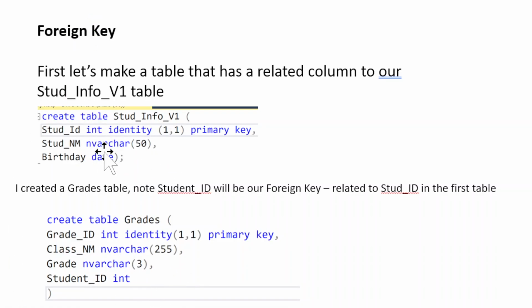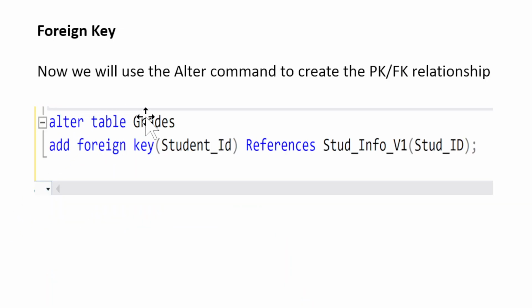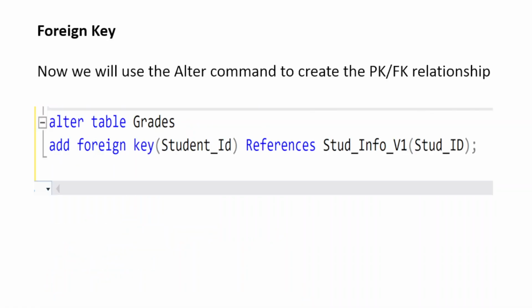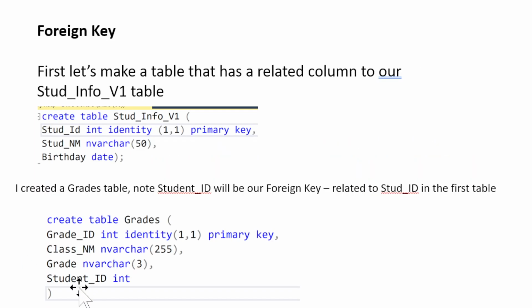Okay, so build the tables, and then we come back here and we say alter the table grades. So this is the table that has the foreign key. This is our foreign key right here. So we're altering this table: alter table grades, add foreign key is our keyword, and then in parentheses, we have the name of our foreign key, which is our student ID here. Again, this column is in this table. It's not here because this table has a stud ID.